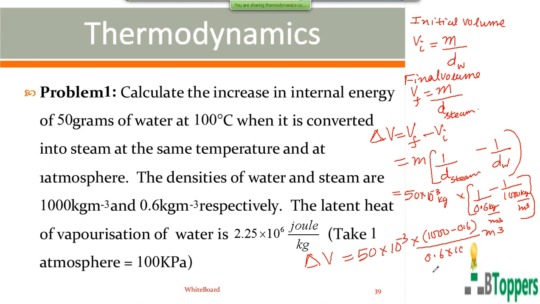So if you simplify this, you get delta V equal to 5 into 49.97 by 3 into 10 power minus 3 cubic meter.